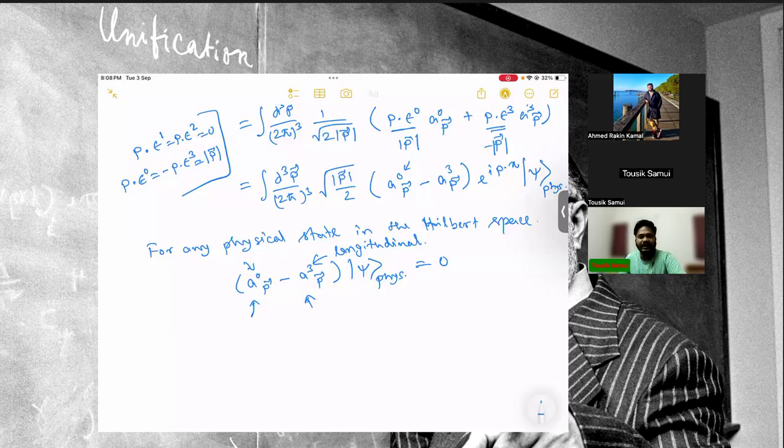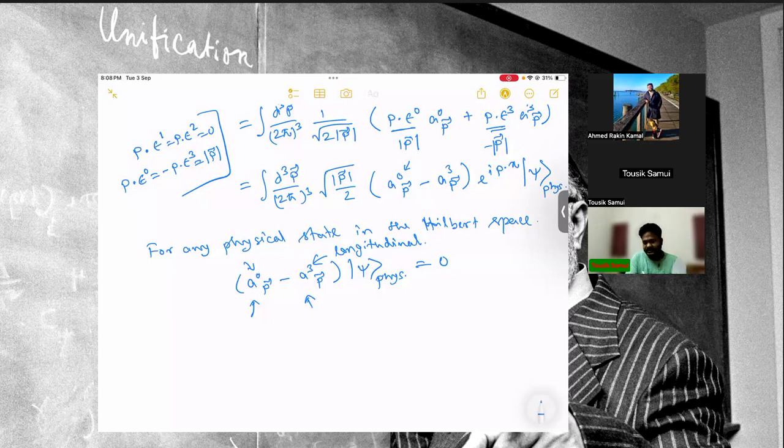So that is how we are getting rid of the extra degrees of freedom that we introduced by not choosing a particular gauge. We introduced four polarization vectors, but only two of them would contribute to any physical, gauge-invariant quantities that we calculate.